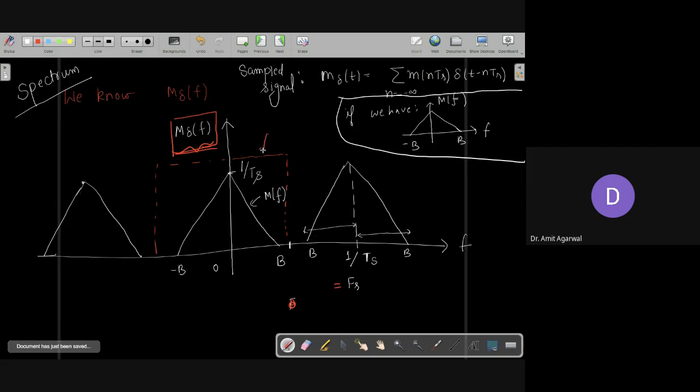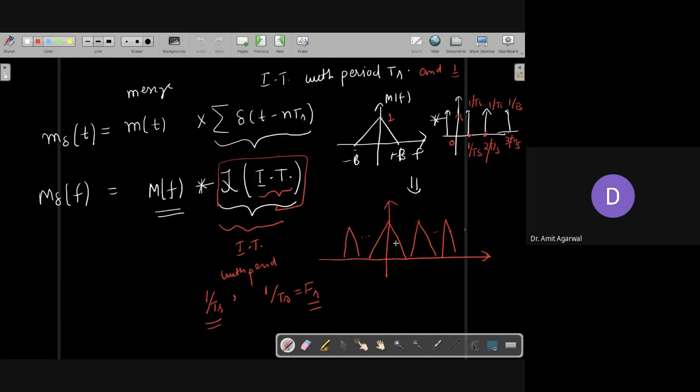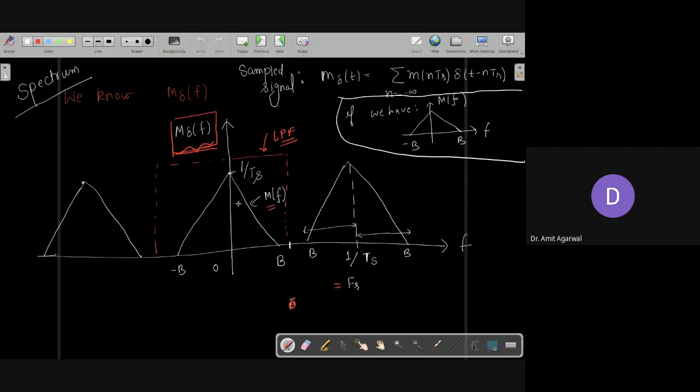Then you can put a low pass filter and ideally, theoretically at least, reconstruct your message signal M(f), because this is M(f) and these are the shifted versions, right? You are interested in extracting this signal, so you will put a low pass filter. So the shifted spectra and the original message spectra must not overlap.